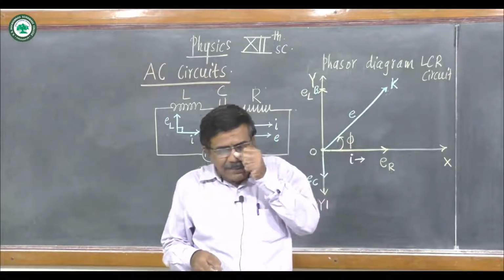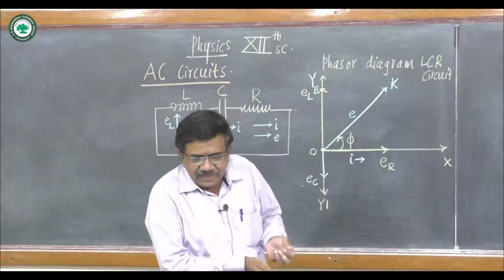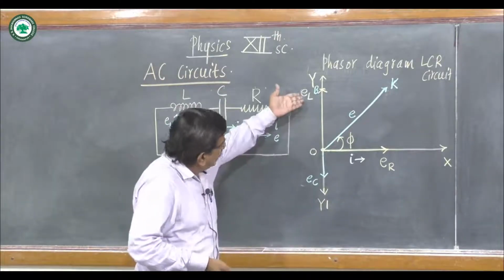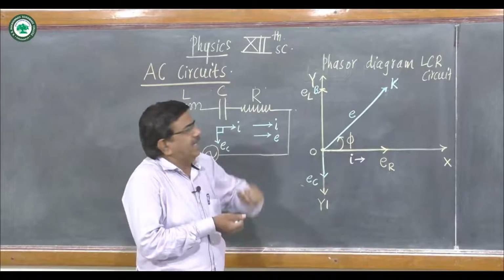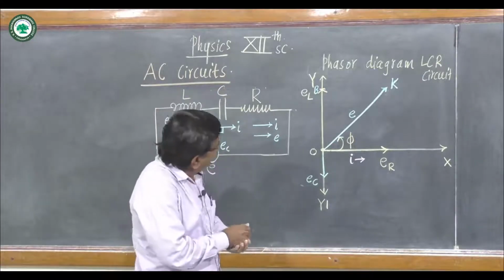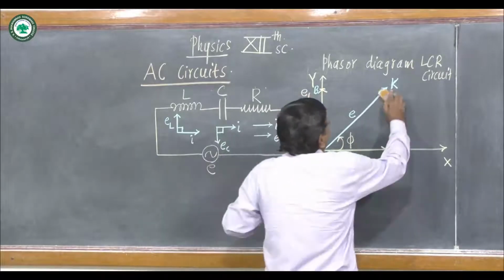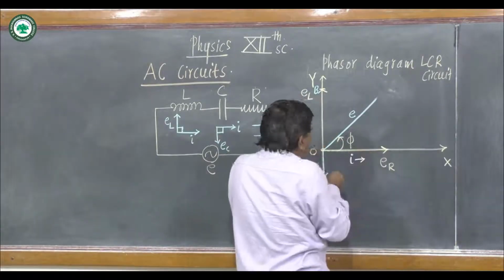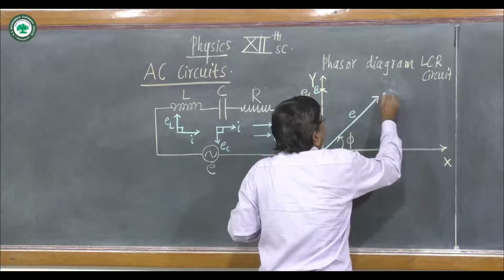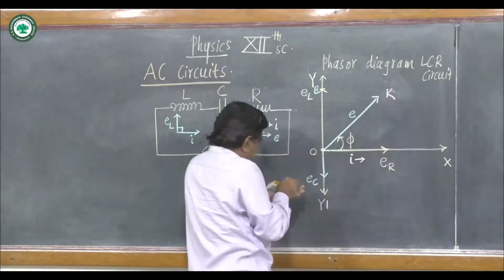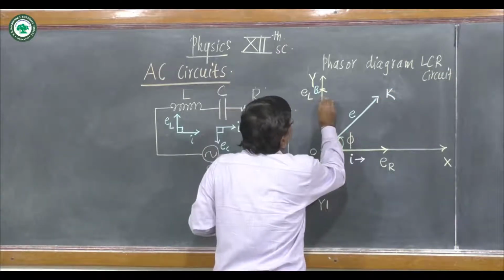Now here one main thing is, if EL is greater than EC, the effective of EL and EC is EL minus EC, and that EL minus EC is in the direction of EL.